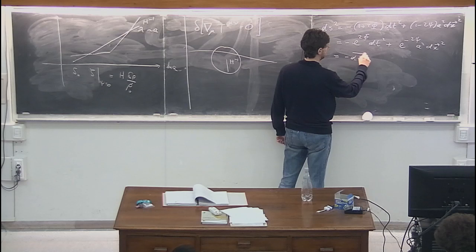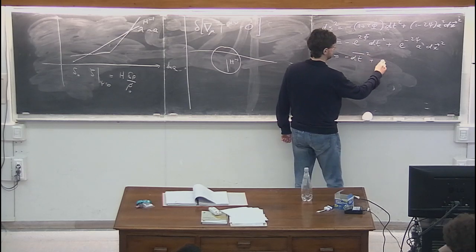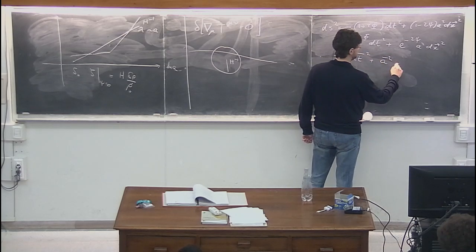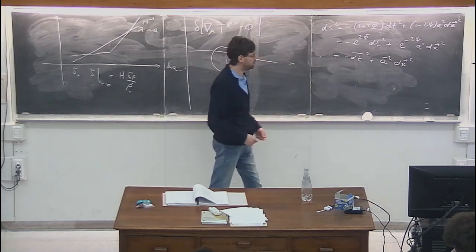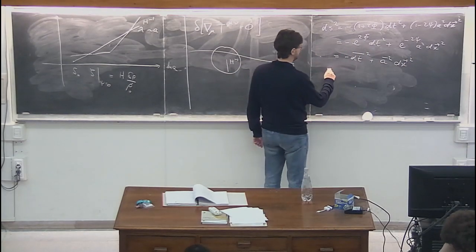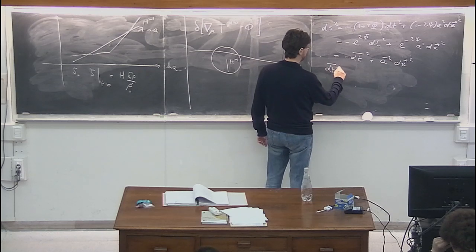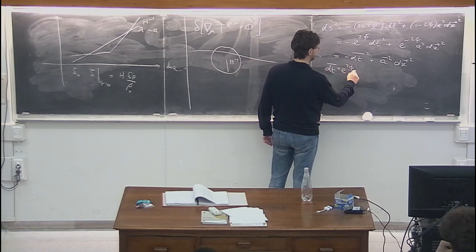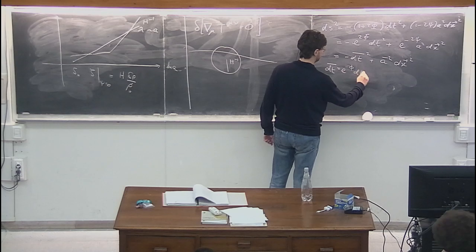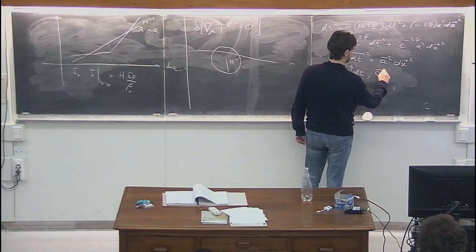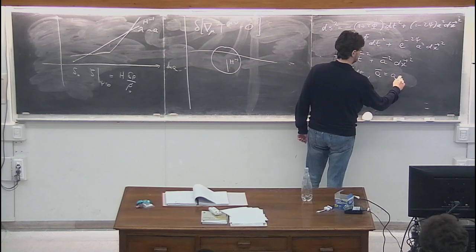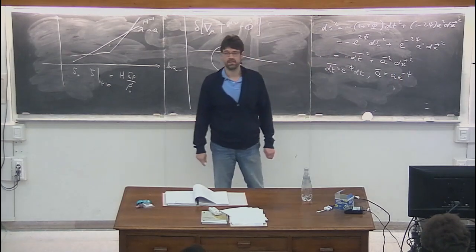I can call it dt bar square plus a bar square dx square, where now locally my new coordinates are such that dt bar, my new time, is equal to e to the phi dt, and my local scale factor is a bar, which is the initial scale factor times e to the minus psi. Okay?